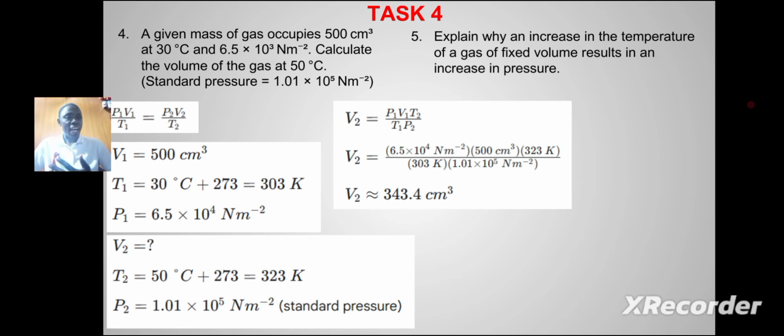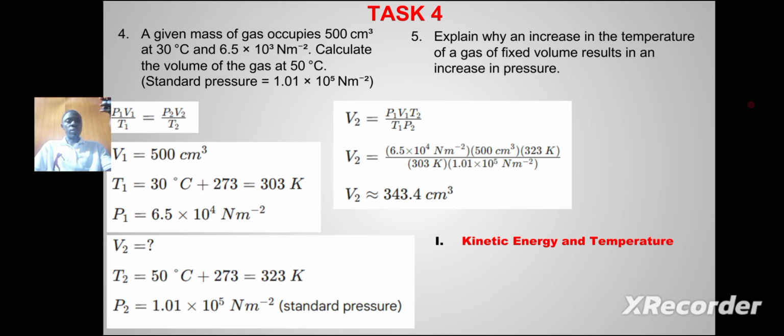Question 5 says explain why an increase in the temperature of a gas of fixed volume results in an increase in pressure. So why does an increase in temperature lead to an increase in pressure? First, kinetic energy and temperature.